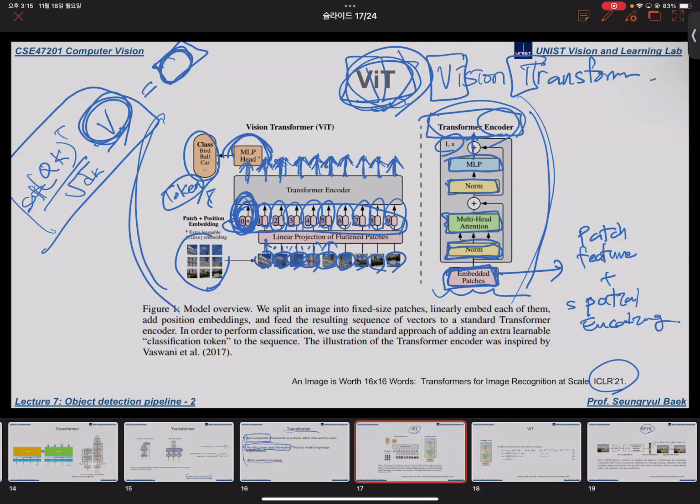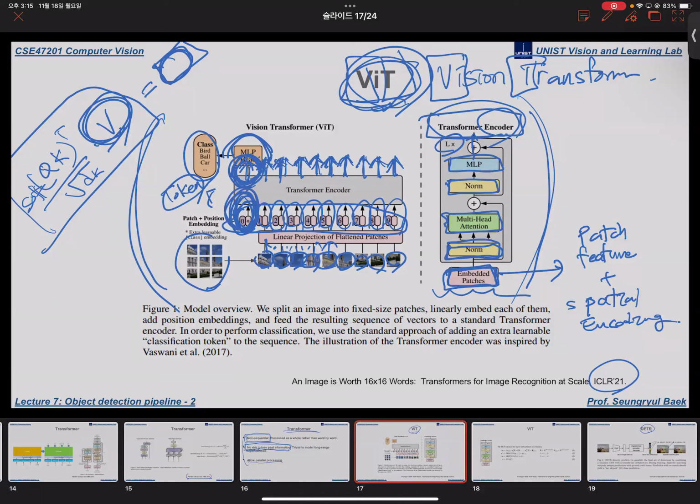But we have another distinguished vector. We have to have another distinguished token that will somehow encode the classification probability for the image.